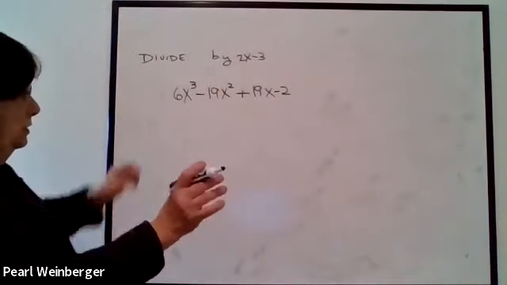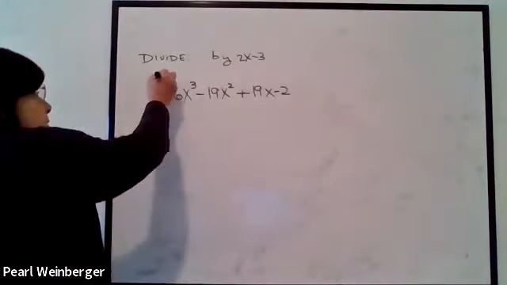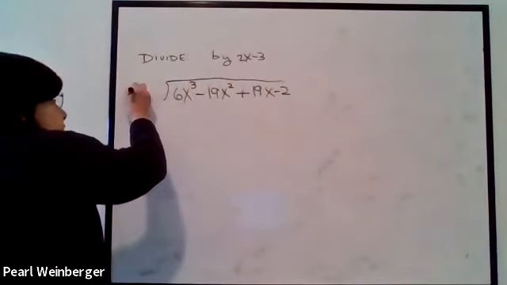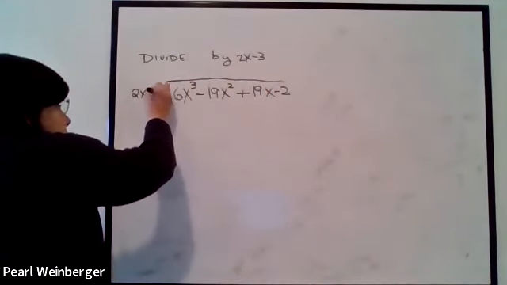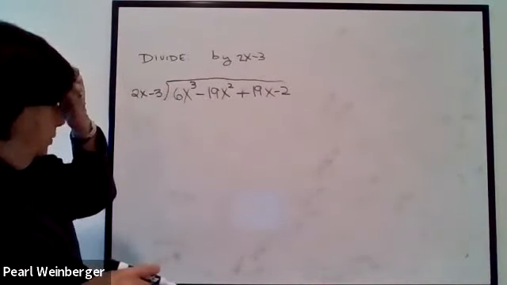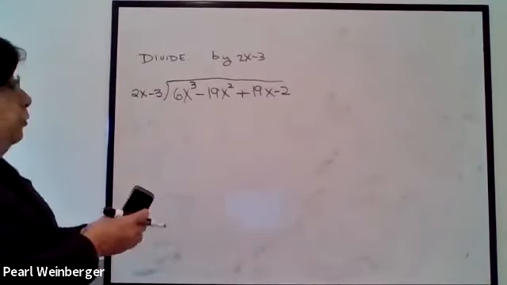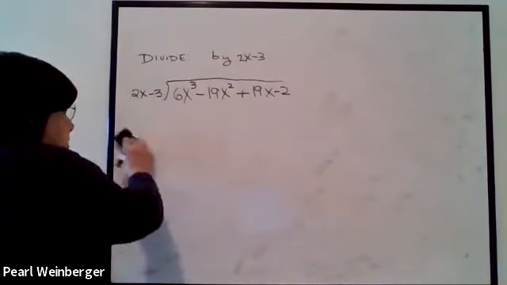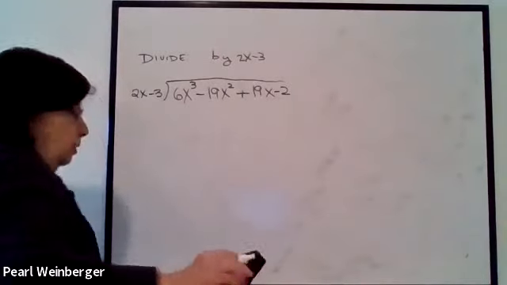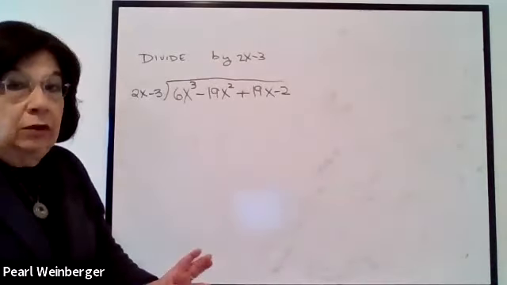When you have that set up, and we do here, they very nicely put it in that order, we write it like a standard long division by putting the divisor, the 2x minus 3, on the outside, and inside our division sign is this long polynomial, the dividend. We are looking for what's called the quotient. The result or the answer to a division problem is the quotient.